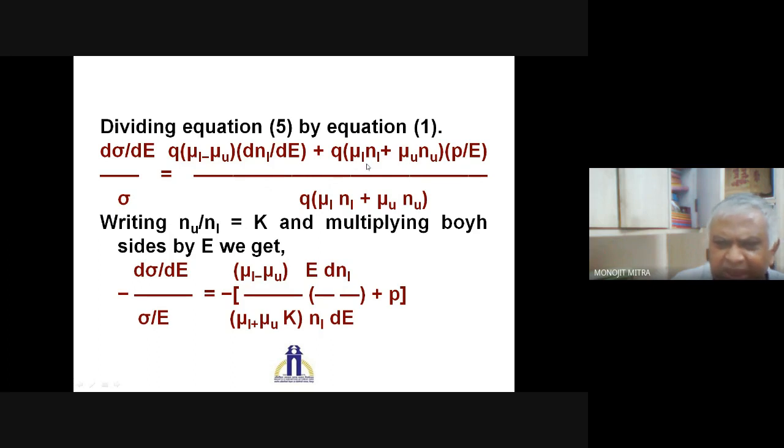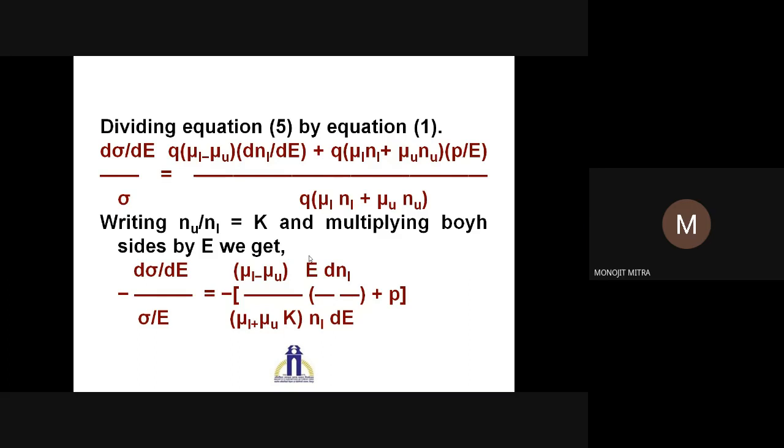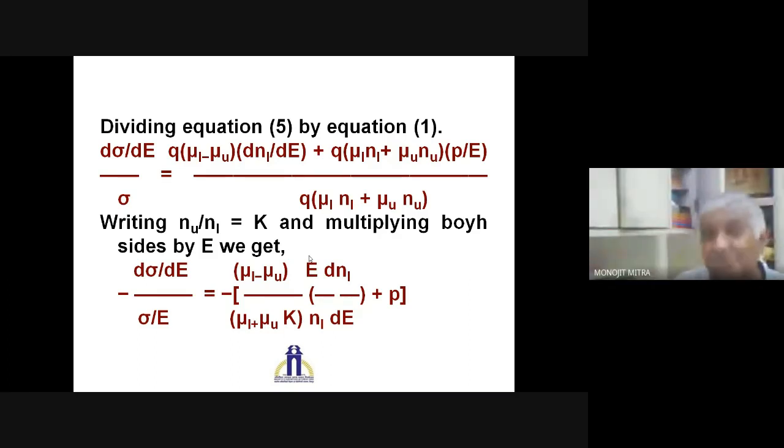So nu/nl, that we are going to treat as constant at any instant of time, because with the application of voltage or electric field, the concentration of lower valley electrons will change, that means decrease, and the upper valley increases. That means this nu/nl value will gradually change with electric field. But at any instant, or at a particular value of electric field, that value nu/nl is a constant at any moment.